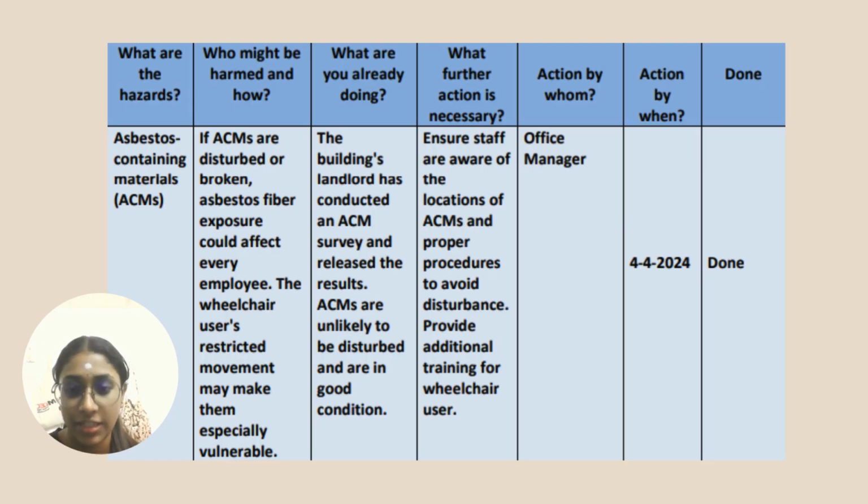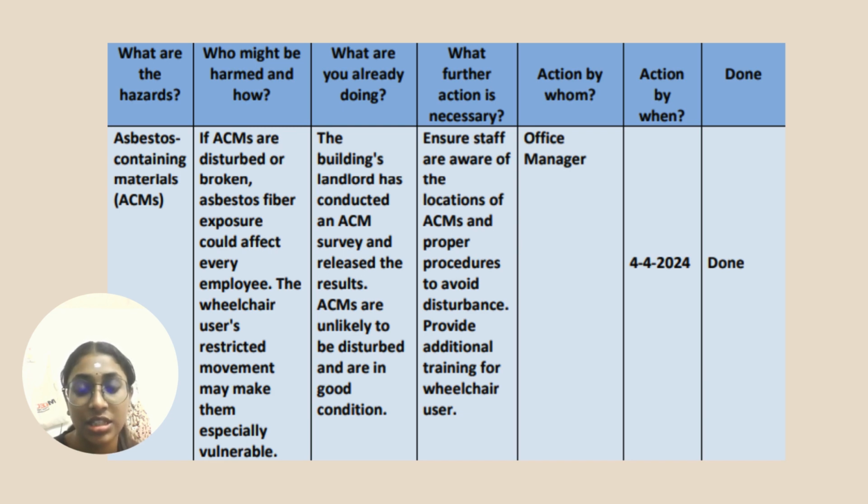The first hazard is asbestos-containing materials, which is ACMs. Who might be harmed by this is almost all the employees, especially wheelchair users. It will make them more vulnerable. What we are already doing is that the building's landlord has done the ACM survey, and in the survey we found the ACMs in good condition.